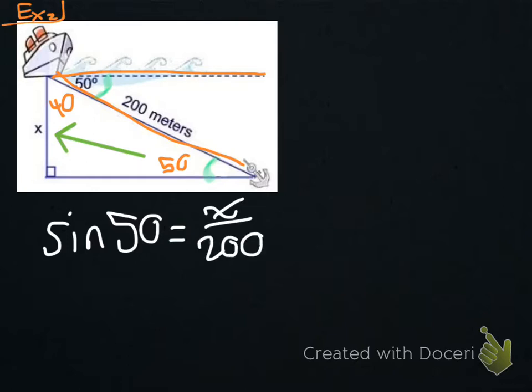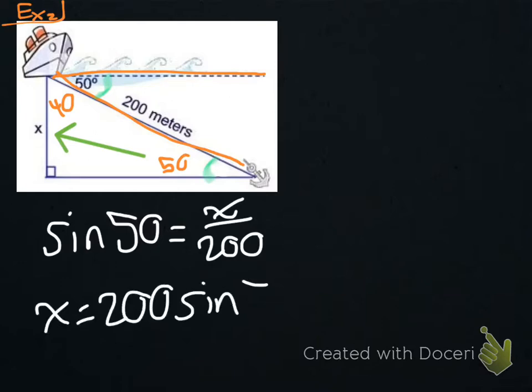And if I solve for x, I just get x equals 200 sine of 50 degrees. You can type that in your calculator, or you could Google that. You can just type in 200 sin 50, and Google would pop the answer up for you as well.